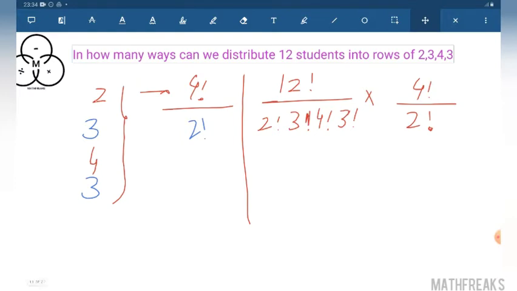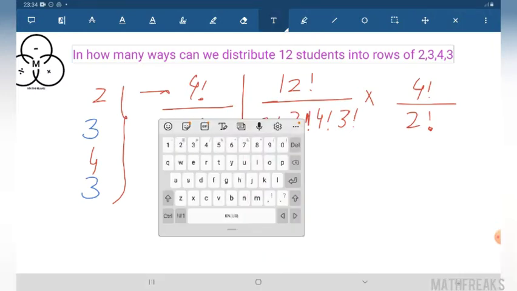Practically, we have to understand when the arrangement of groups will matter and when it will not. Here it matters, where the question was into rows, into study groups: 12 students into study groups of 2, 3, 4, 3. Same question.